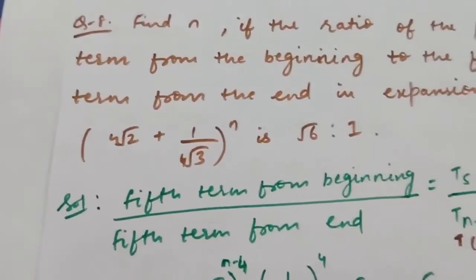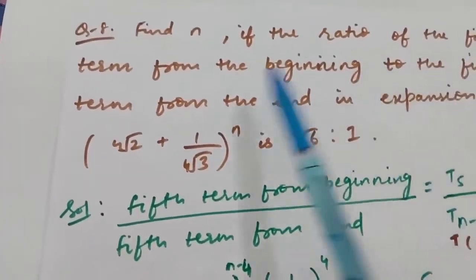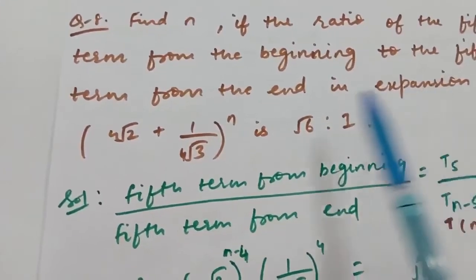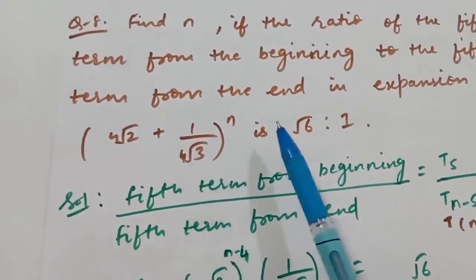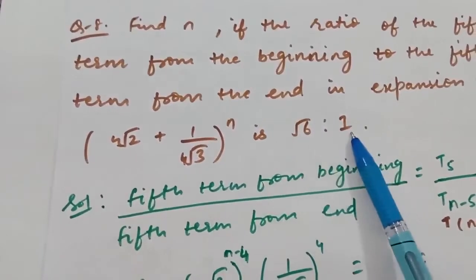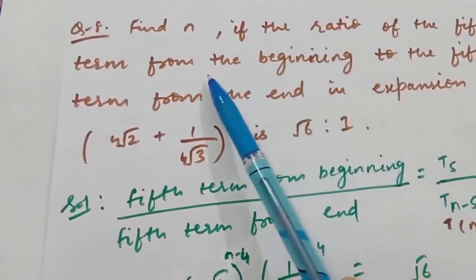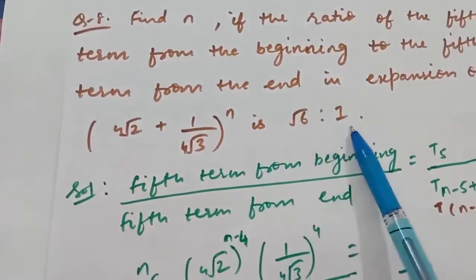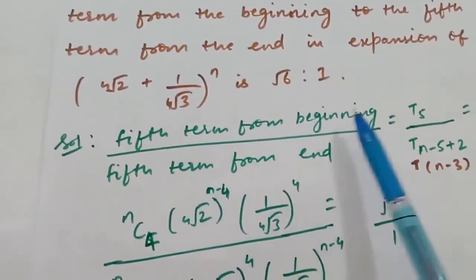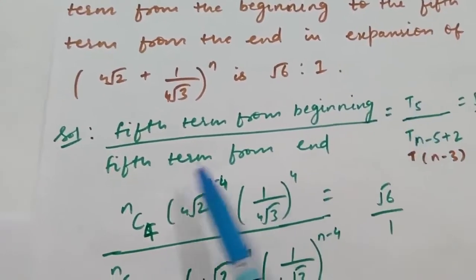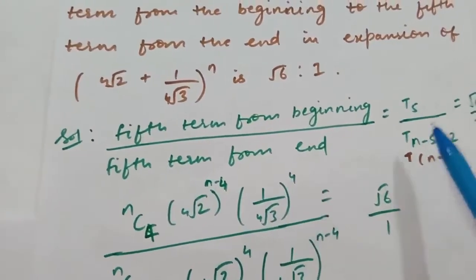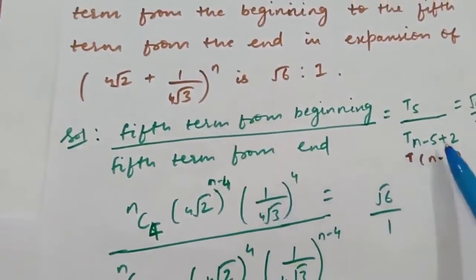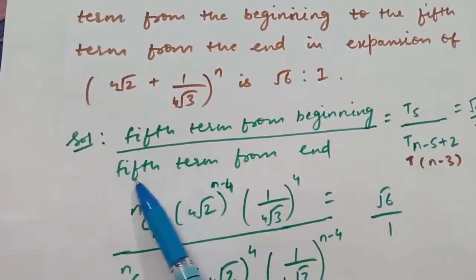Find n if the ratio of the fifth term from the beginning to the fifth term from the end in expansion of this is root 6 ratio 1. Ratio of fifth term from the beginning to the fifth term from the end is given root 6 ratio 1. So fifth term from the beginning is t5 and fifth term from the end is tn minus, because here n is n only, n minus, we have to find the fifth term from the end.